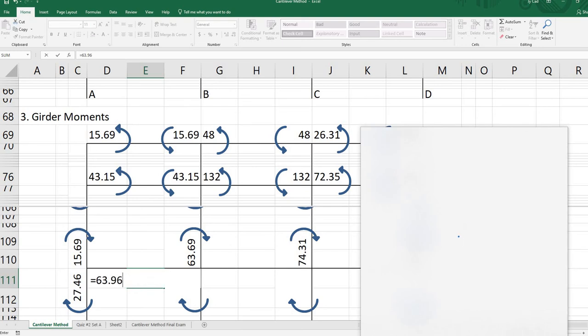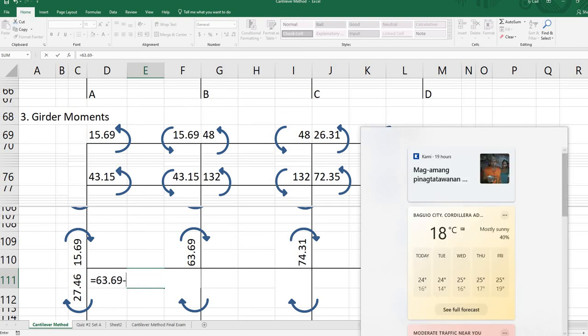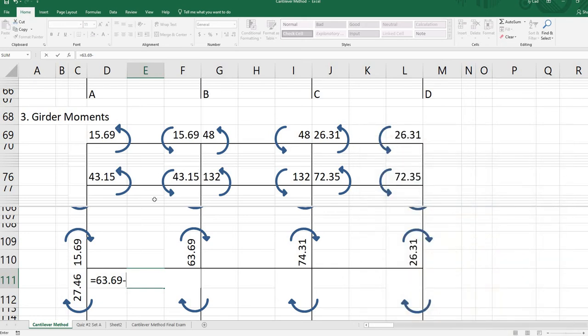And minus 43.15 kasi counterclockwise. And then si 132 minus ulit kasi counterclockwise. And that is 111.15. Okay, so I will unhide. Ayan siya. Okay. So next, I will unhide this.